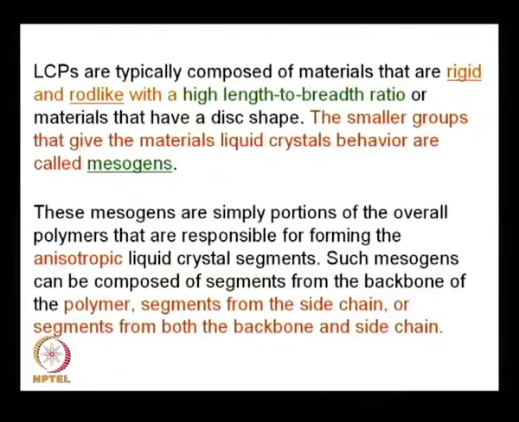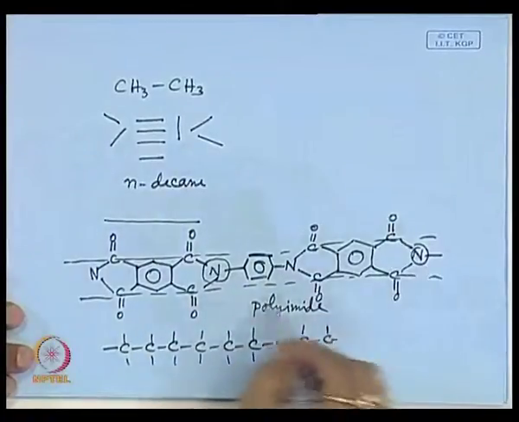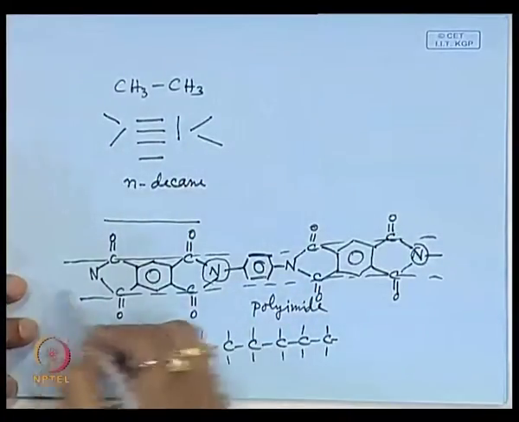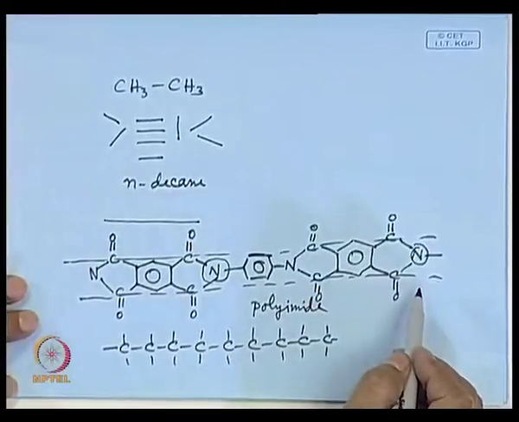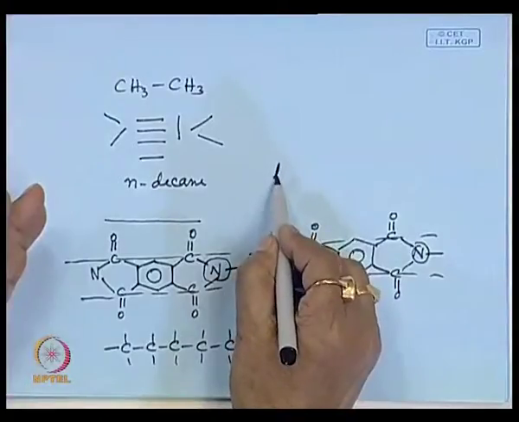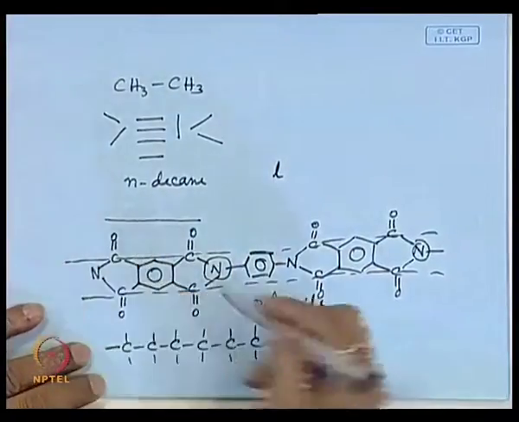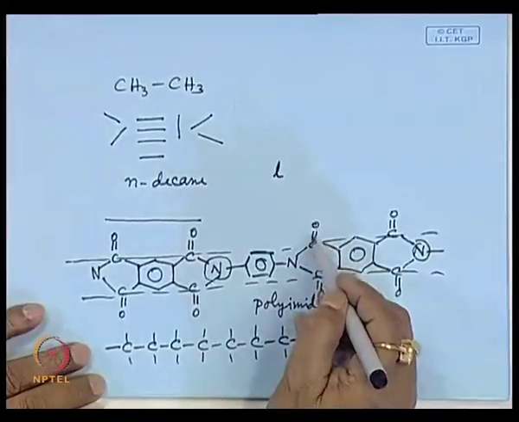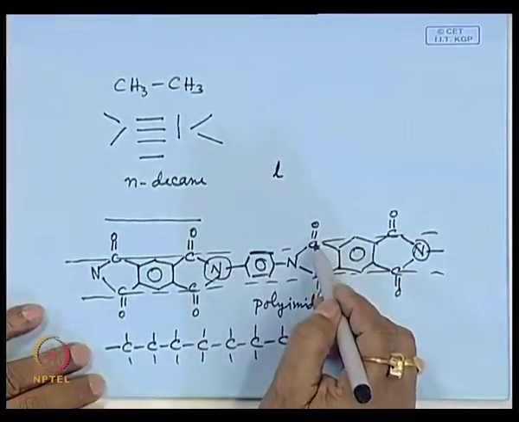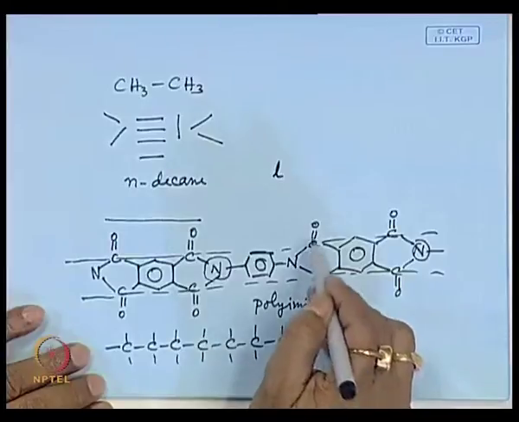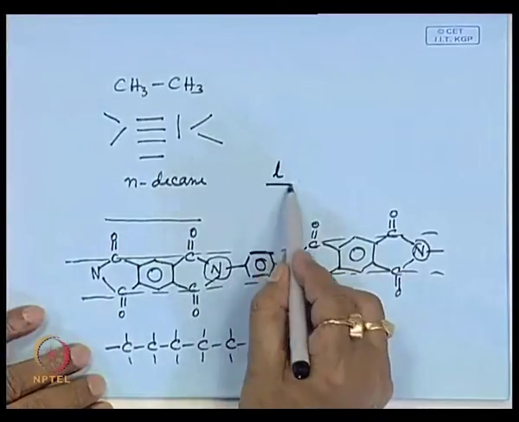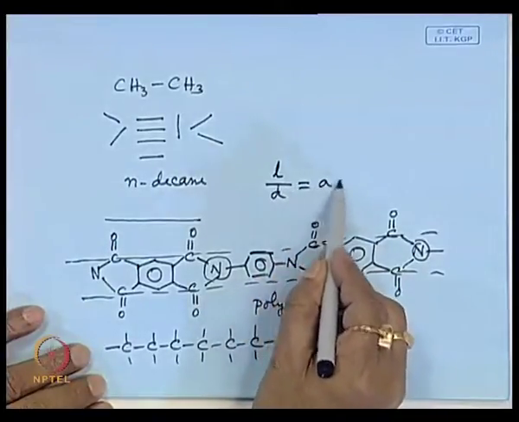Suppose this molecule, if you consider once again this molecule, you can have a length which is related to end distance, means distance between the two ends of one isolated polymer molecule, that is called L, and the diameter, that means if you calculate the diameter considering the bond angles and the bond distance, you can get some diameter, that is L by D, that is aspect ratio.